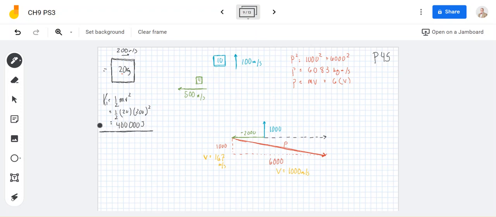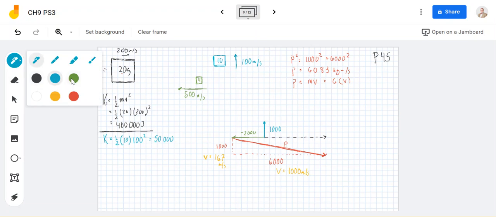Now, what about the after? Well, each of these has kinetic energy, and the kinetic energy direction doesn't matter. So if I want to get the kinetic energy of the blue one, 1/2 the mass is 10, times the speed is 100 squared. So that's 50,000.